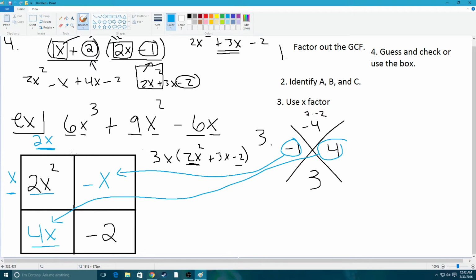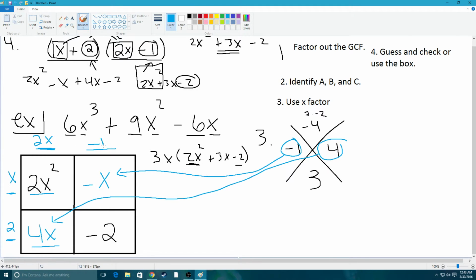Okay. So I know 2x times something times this number in the bottom left has to equal 4x. So 2x times what equals 4x? Well, that would be a positive 2. And I know the number up here on the top right, this number times x is going to equal negative x.